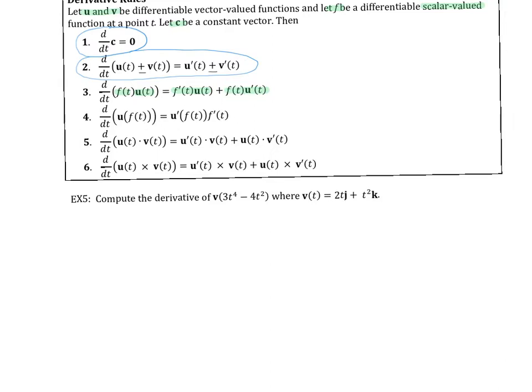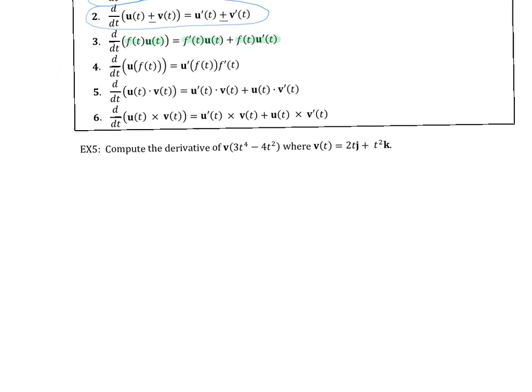Usually, and this is going to be true for the remaining properties, it's usually easier to combine them first, then take the derivative. So for 3, 4, 5, and 6, it's typically easier to work on the left-hand side of this equation, combine functions first, then take the derivative, as opposed to working with the right-hand side of the equation.